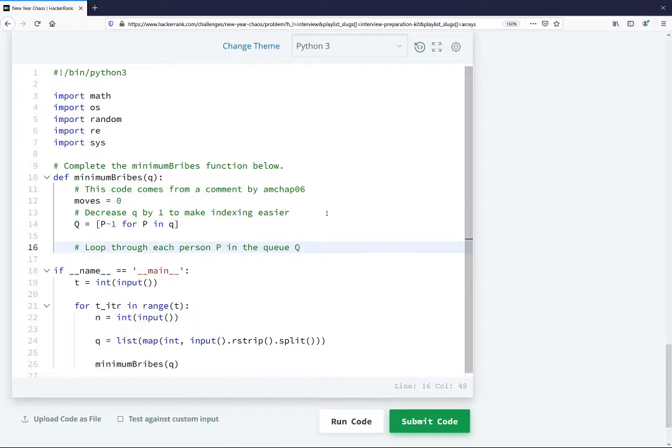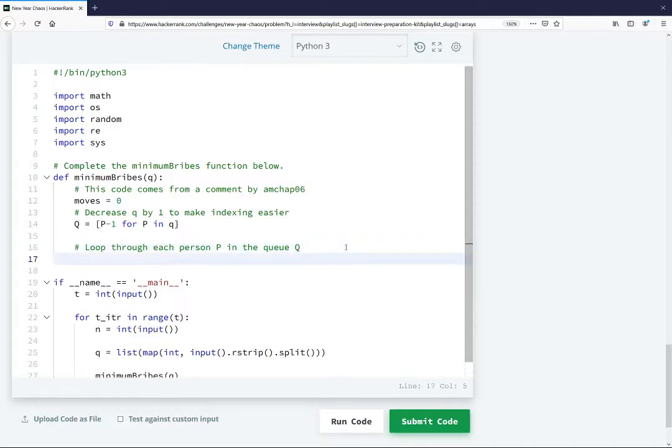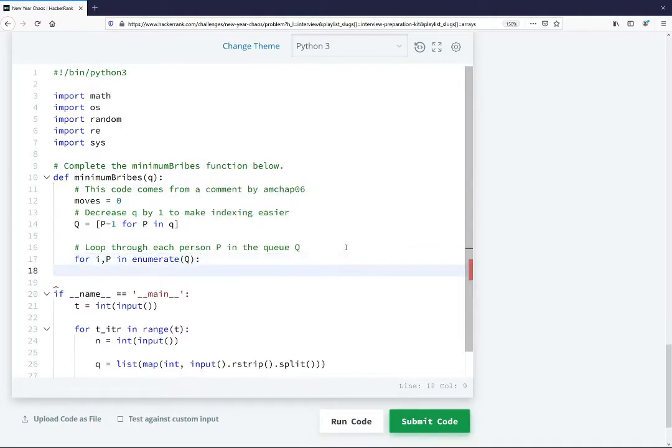So I'm guessing that this commenter is British since they've got chat and since they're talking about queues, but whatever. This is also sort of better terminology than just thinking about a list. Also, maybe they used Q in the problem statement. I don't know. Anyways, so for I and P in enumerate Q. So again, we're using the enumerate here just like we did in the other one.